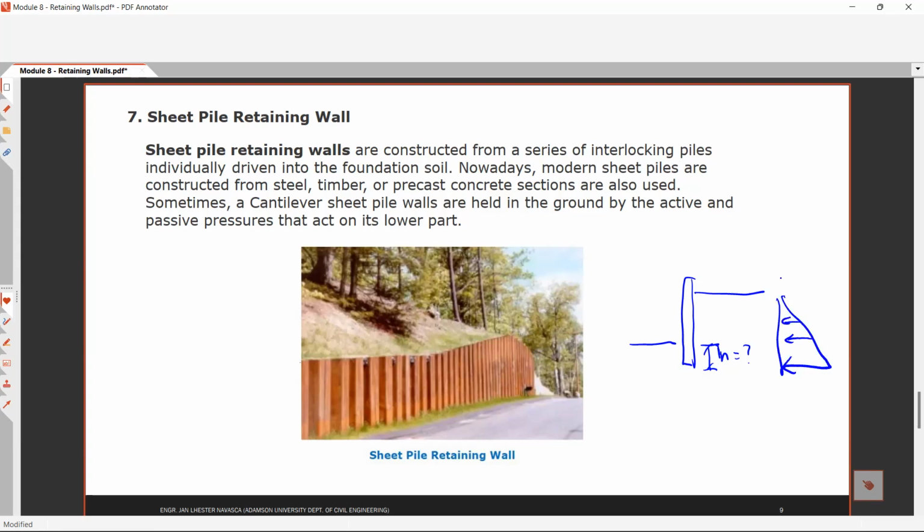Given yung parameters of what is the P, then the unit weight. So basically you can solve this sheet pile retaining wall. So kung nasolve mo yung forces and yung overturning moment.